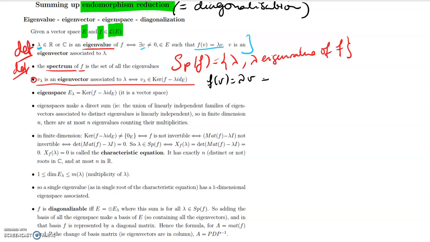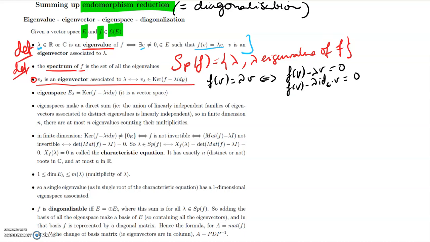That just translates the fact that lambda was an eigenvalue and V an associated eigenvector. So that means that you can write it as Fv minus lambda V is equal to 0. Lambda V, you can write it as lambda times identity of E times V. The same way you can write that the vector is the identity matrix times the vector. Okay, so F of V minus lambda identity of V is equal to 0.